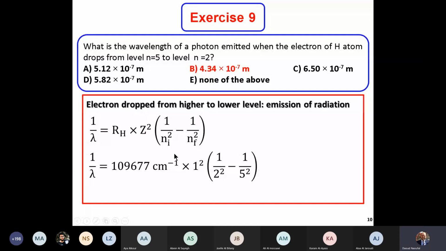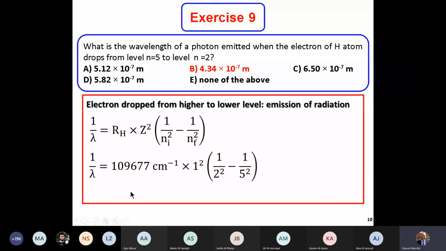Z for hydrogen is equal to 1, squared. What was the initial state of the electron? The initial state of the electron is the n lower, which is 2: 1 over 2 squared minus 1 over n final, which is level 5, 5 squared.